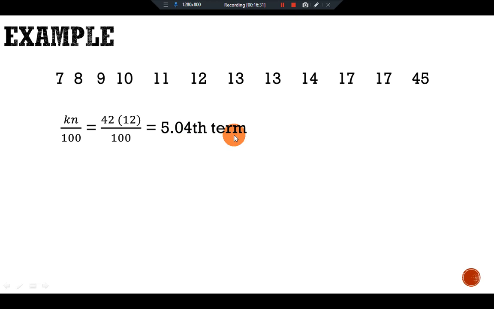The value of the 5.04th term can be approximated by the fifth, because the number after the point, 0.04, is less than 1. So we round off to our fifth term, that is 11.